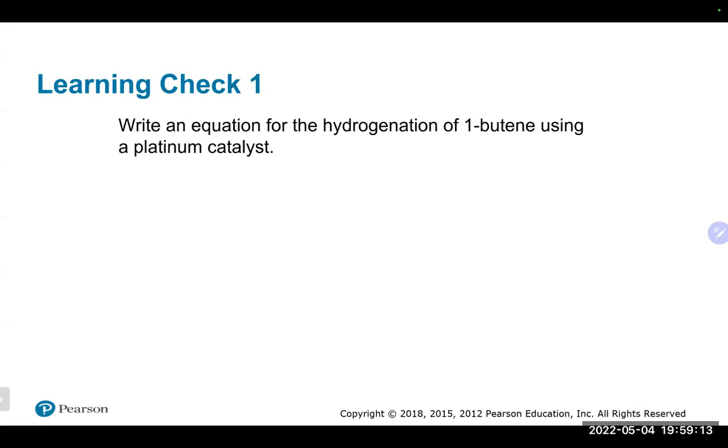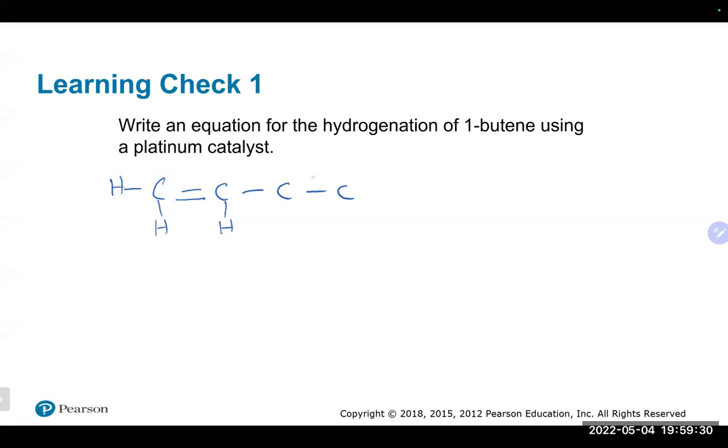So if we were to draw the hydrogenation of 1-butene, butene is 4 carbons. The 1 means the double bond should be at carbon number 1.